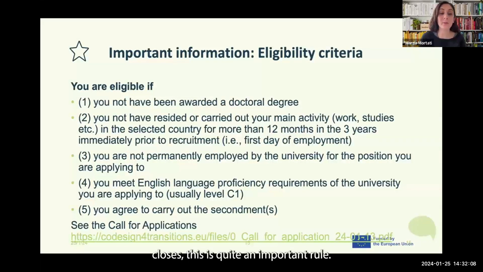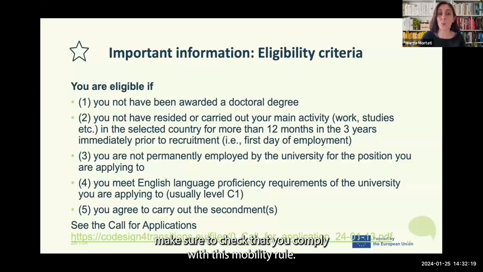This is quite an important rule. It's one of the hard rules that the Commission has. So please, if you're looking into applying for a specific position, make sure to check that you comply with this mobility rule. This is important also because in the application process, we will be requiring you to upload documents that can provide evidence of where you have resided in those 3 preceding years.